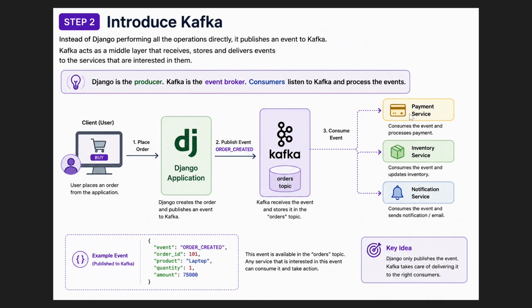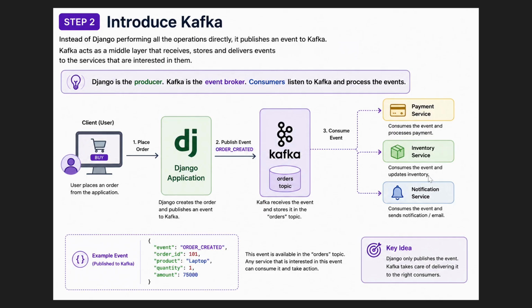Our consumer is listening to that topic, and when that event becomes available, the consumer receives the event and processes the order. Here we have the payment service in our example. It consumes the event and processes the payment. Also we have an inventory service, and it consumes the event and updates the inventory.